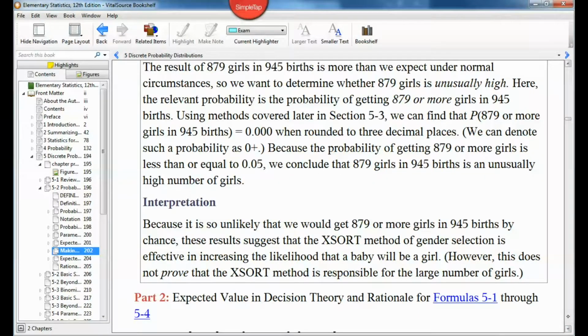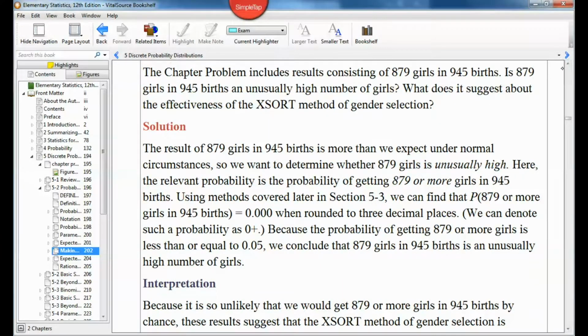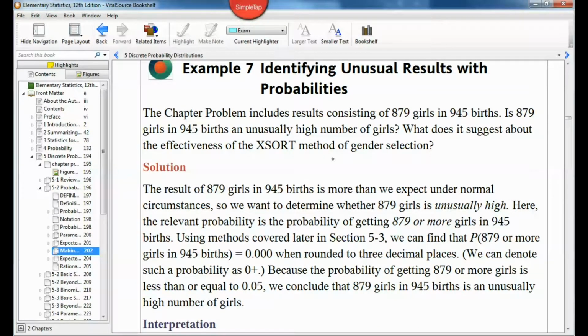All right. Now, I was just scanning over this next problem in the book. It's talking more about the chapter problem. This number right here that I have highlighted, this probability, 0.05, 5%, is the value that, if we're talking about probabilities, will decide if something is usual or unusual.